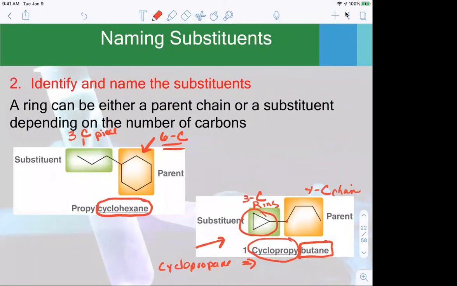It's on the first carbon of my 4 carbon chain, so I have to give the location as 1 dash. So if my ring is larger than the attachment, name it according to the ring. If the number of carbons in the ring is less than the chain, name the ring as a substituent.